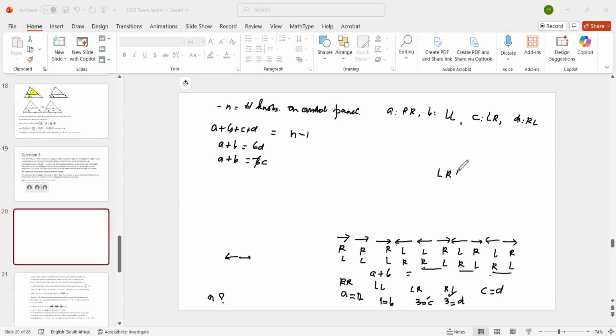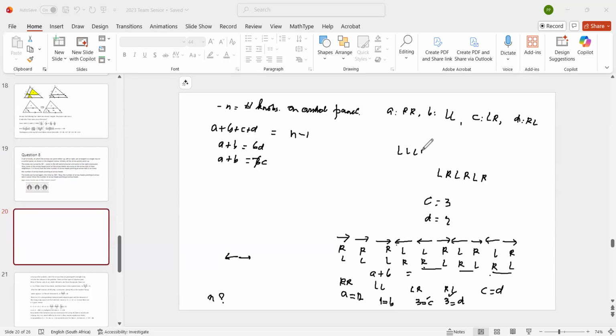I could have had LR, LR, LR, for instance, right? Here, C is LR, C is 3, but RL is 2. RL, RL. So you need not have the C is equal to D, but you could have the C is 1 more than D. In fact, this always happens.